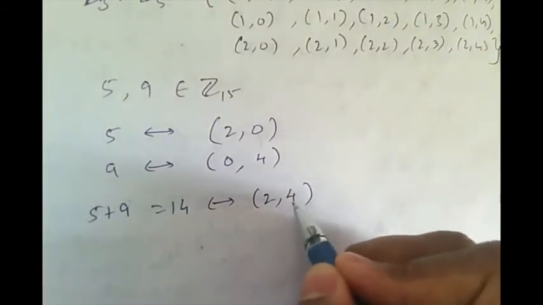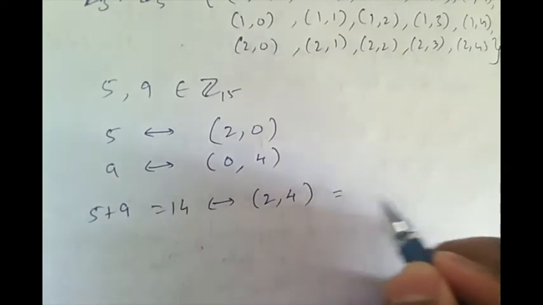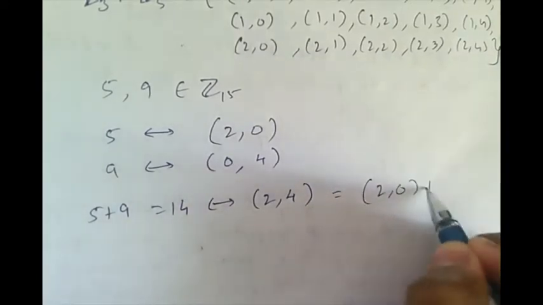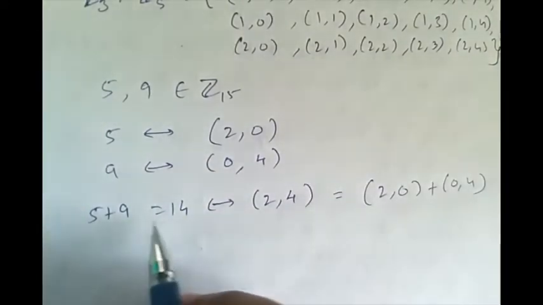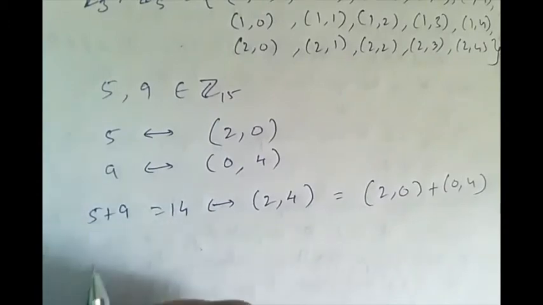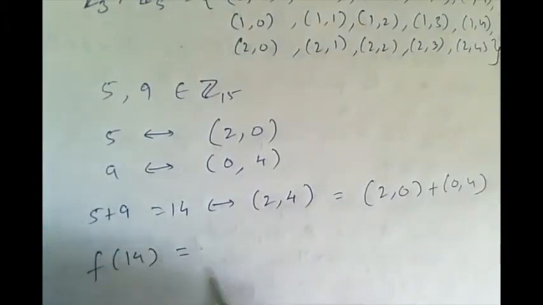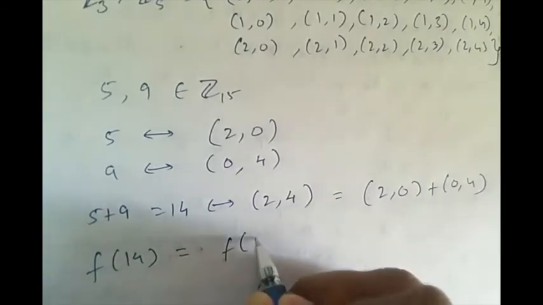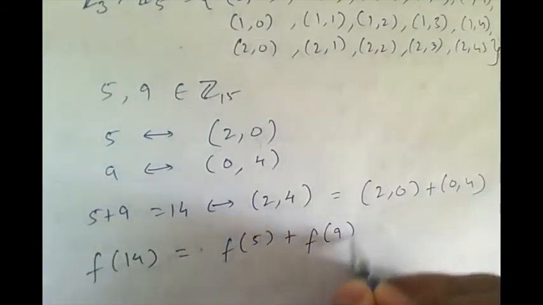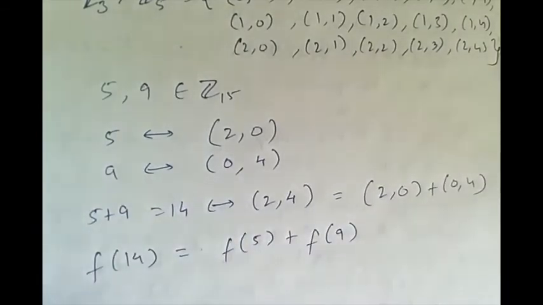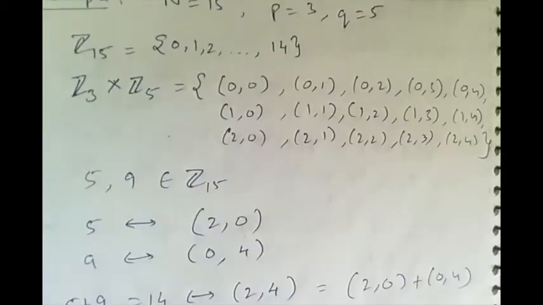And you can see that this is equal to (2, 0) plus (0, 4). So f of 14 is f of 5 plus f of 9. Okay, so that's the example.